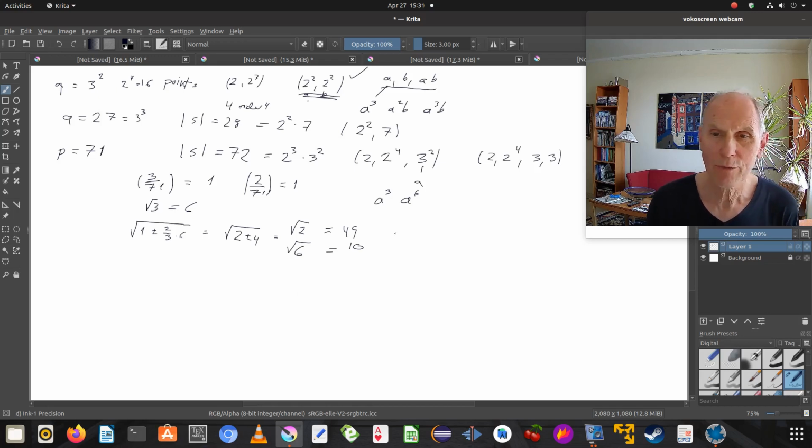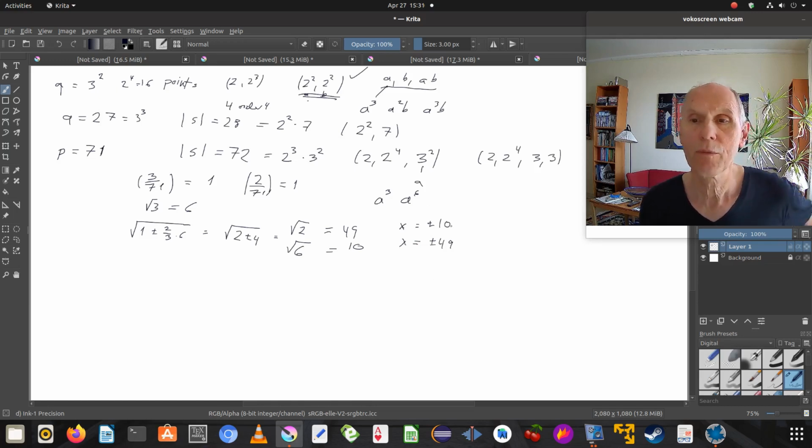So now we have 4 x values. For a total of 8 points, or 4 to 3, of course. Plus minus 10, plus minus 49. And we will then see that either plus or minus, and not both, will be squares.